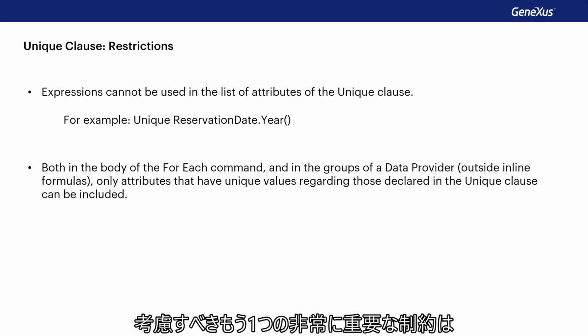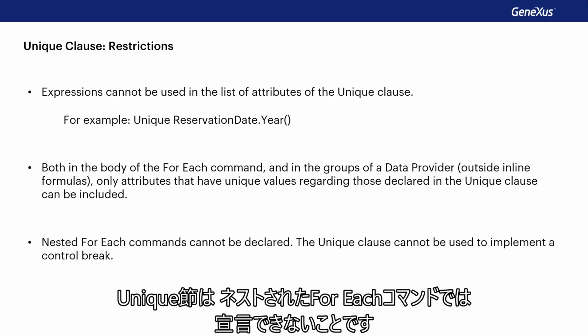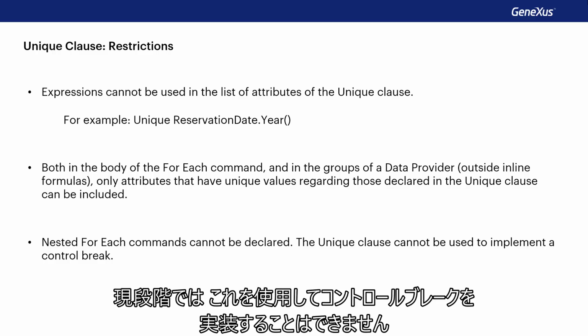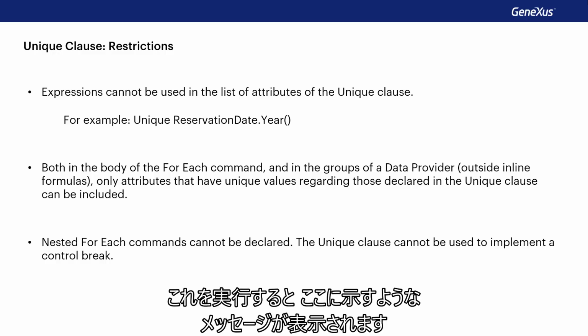Another very important restriction to take into account is that the unique clause cannot be declared in nested for each commands. So far, it cannot be used to implement a control break. If it's done, GeneXus will display a message like the one shown here.